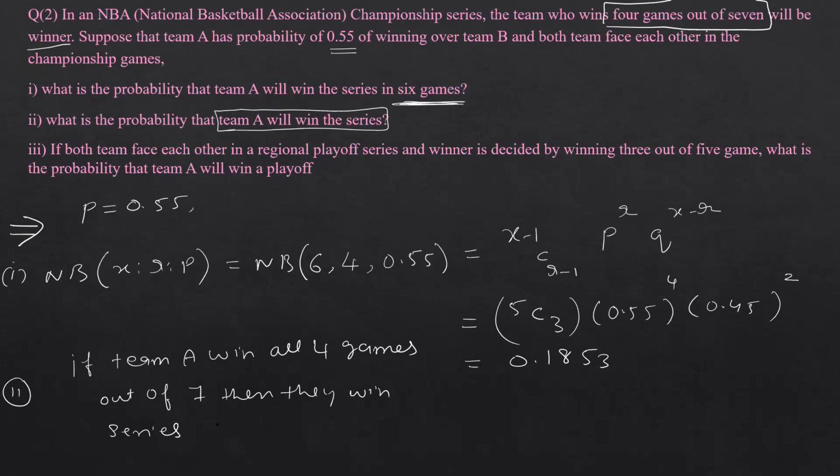The probability of team A winning the series is equal to, what are the X values it will take now? If they have to win the 4 matches, X will be 4, 5, 6 and 7. 4th match, 5th match, 6th match, 7th match, they have to win the series. So X will be equal to 4, 5, 6 and 7, straightforward.